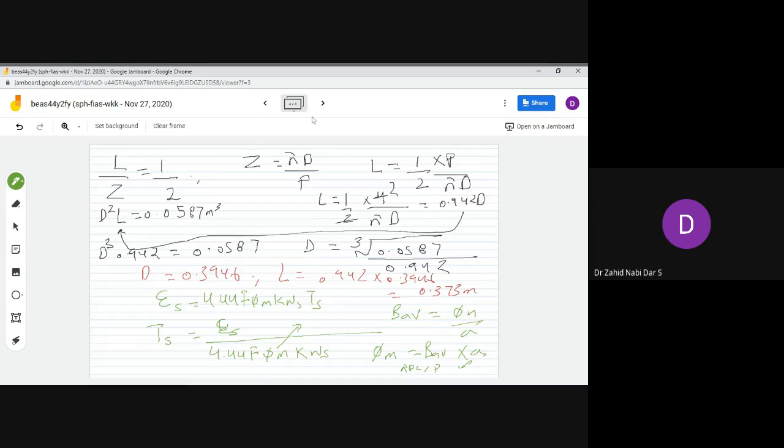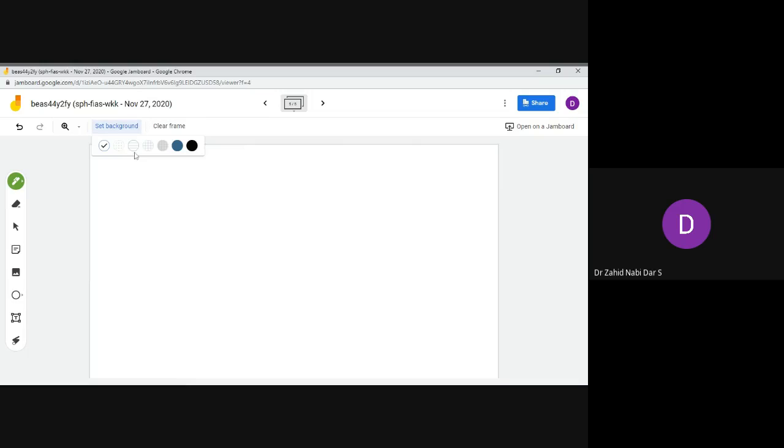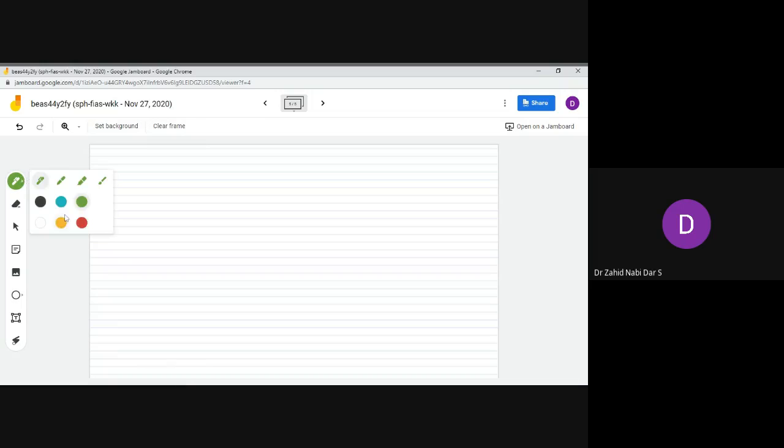So your total flux phi m would be equal to Bav into pi dl by p.